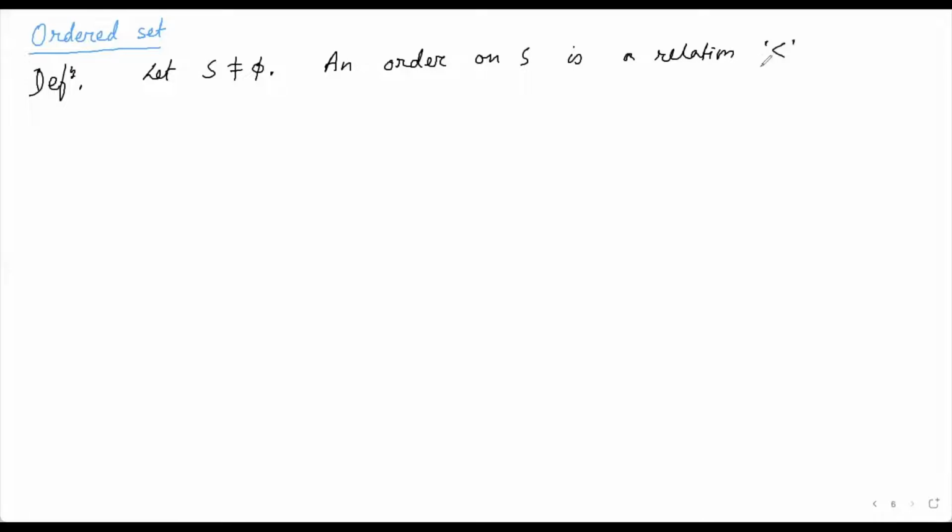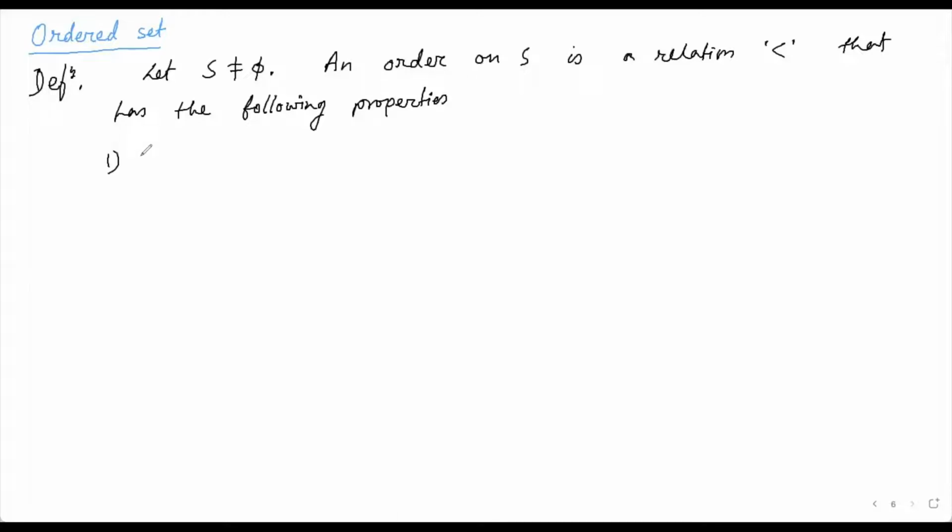Okay, a relation less than such that has the following properties.